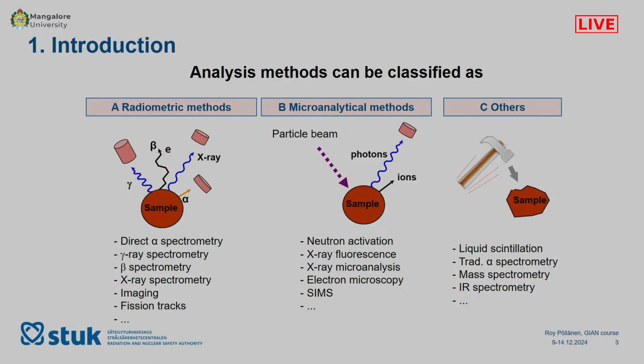And then there are some other types of methods like mass spectrometry or liquid scintillation methods or infrared spectrometry or whatever the methods are. And in this course we use these methods and also a little bit these methods too.